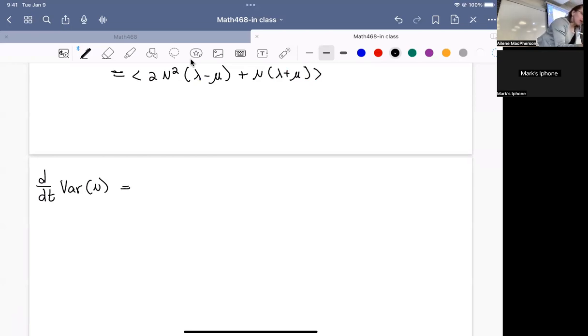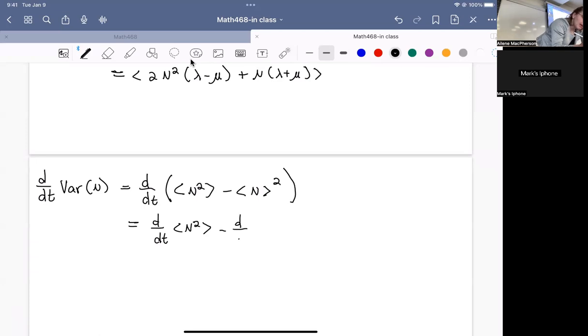If you remember, this is equal to d by dt of the expectation of n squared minus the square of the expectation of n. So this is equal to d by dt of the expectation of n squared minus d by dt of the square of the expectation of n.